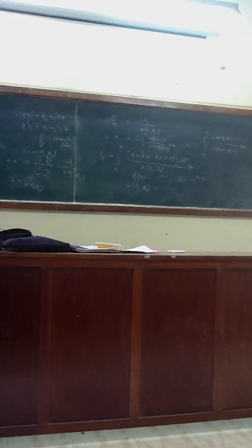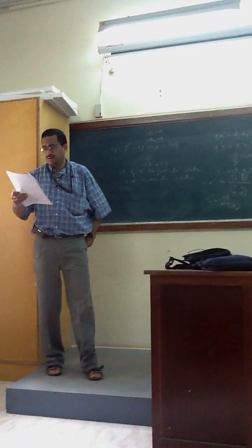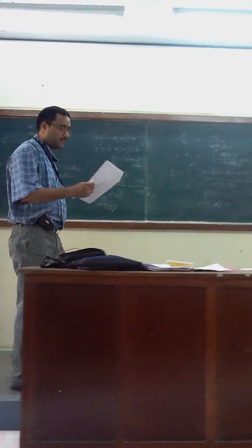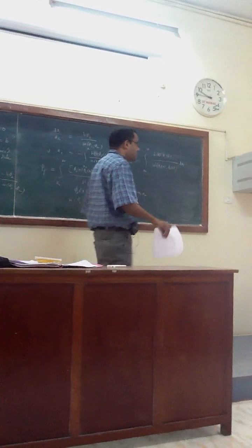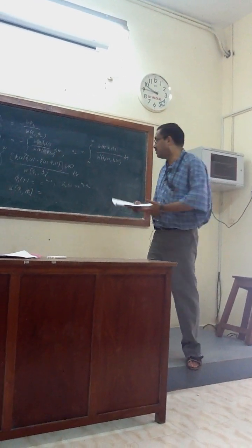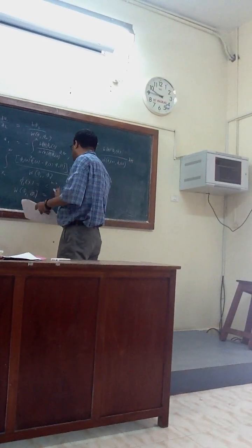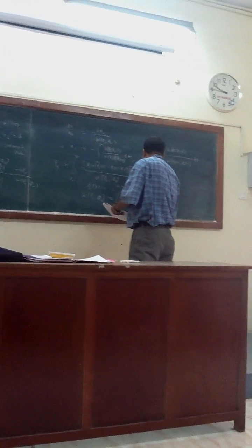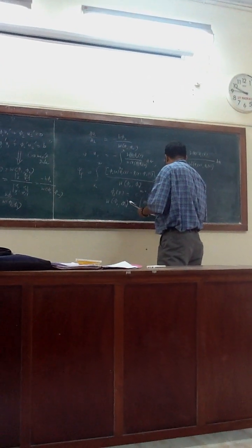You take the determinant. It is (m2 minus m1) into e to the power (m1 plus m2)x. See, the simple thing you are not able to tell me. m2 minus m1, e to the power (m1 plus m2) into x.